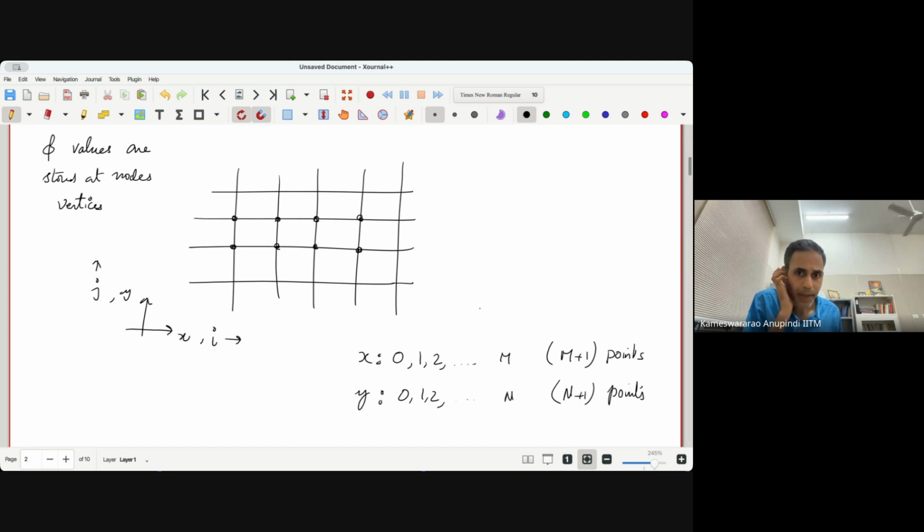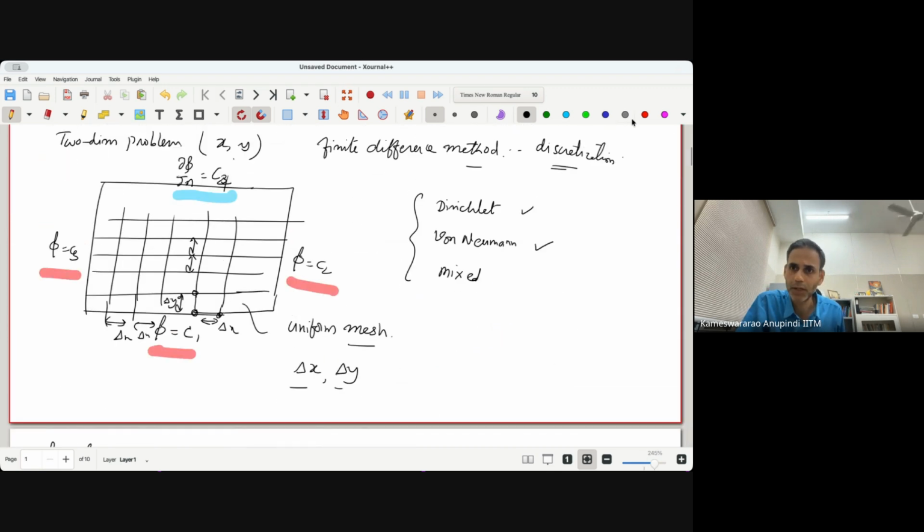Out of which, 0 and m happen to be falling on the left and the right boundary, and 0 and n happen to be falling on the bottom and the top boundary. That means these are the boundary points.